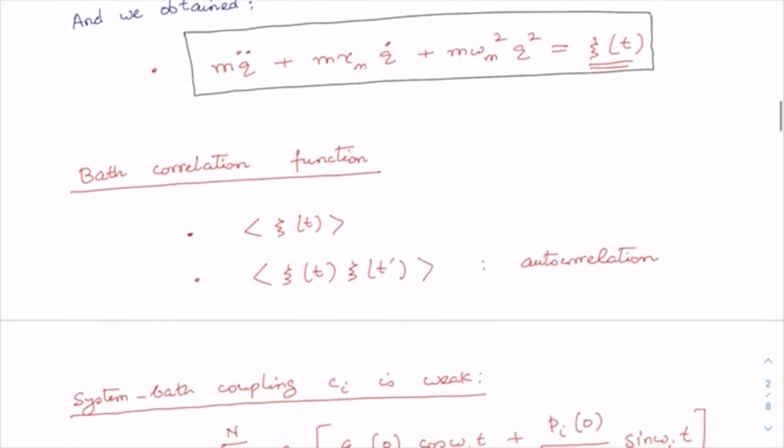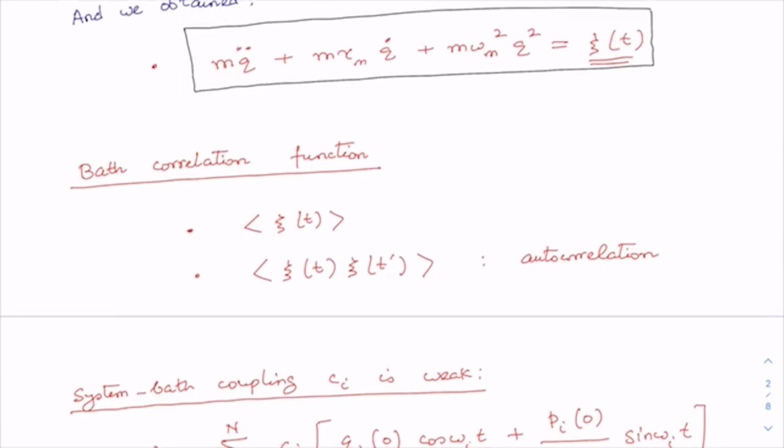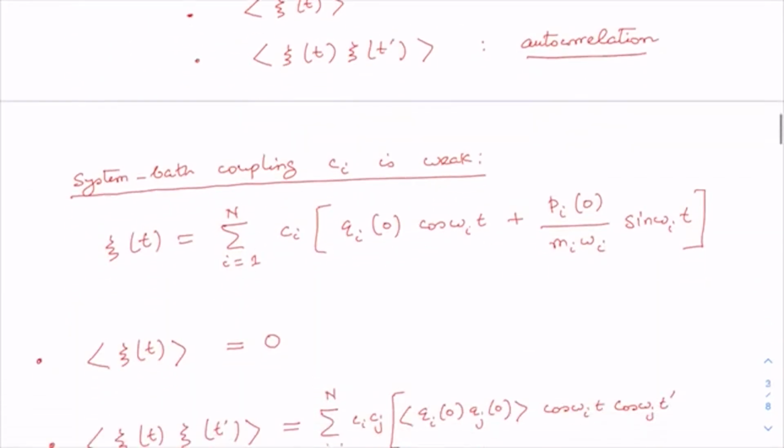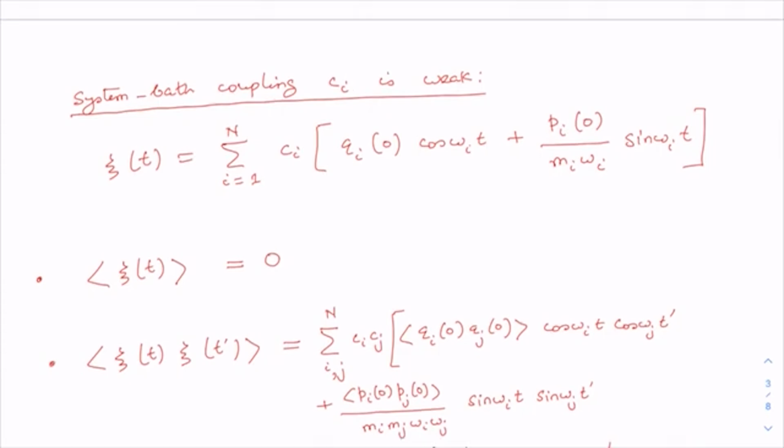Then we went on to calculate the bath correlation function. As xi of t is the Langevin noise and is related to the bath, we tried to calculate the first moment, that is the average of the Langevin noise, and its autocorrelation function, that is the second moment. Here we assume that the system-bath coupling is weak, and the expression becomes a little simplified.